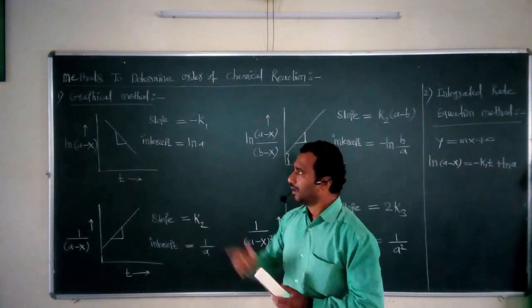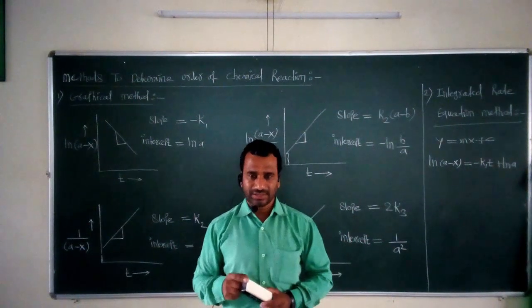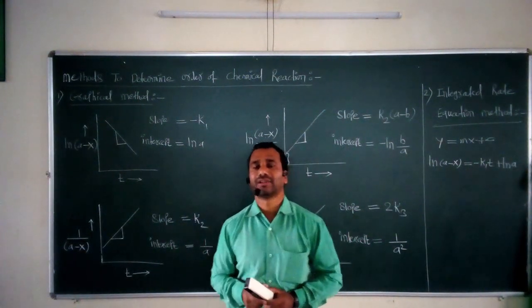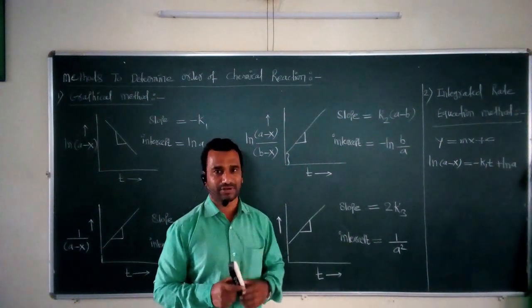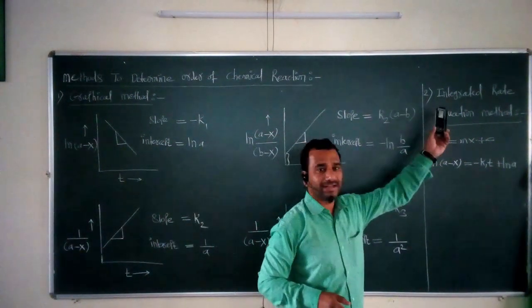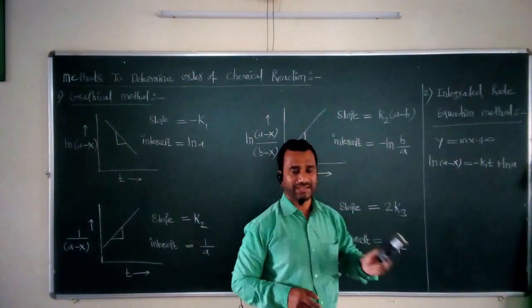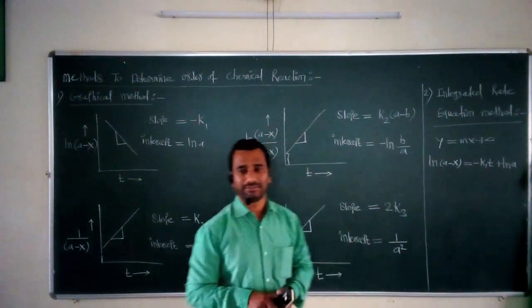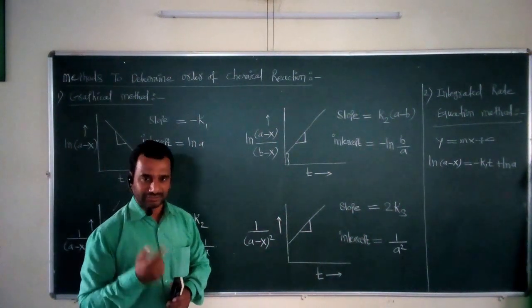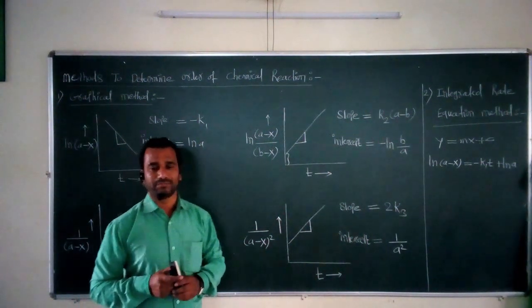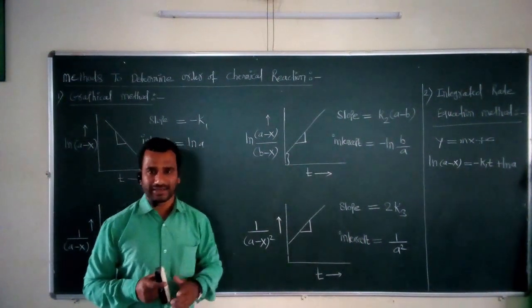Now after completing this graphical method, the second important method for determining the order of a chemical reaction is called the integrated rate equation method. It is an integrated rate equation method for determination of order of a chemical reaction. Now, if we look at the title of this particular method, it is an integrated rate equation method.